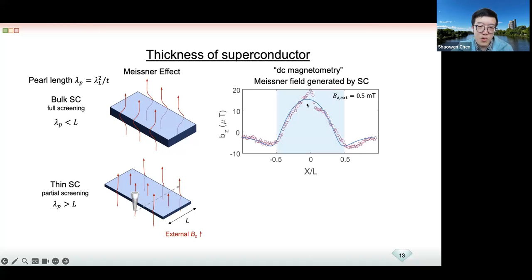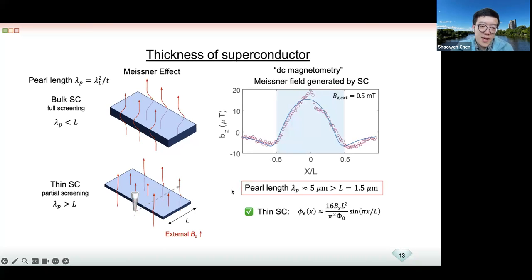From this data, we do a line fit to retrieve the Pearl length in our superconductor. And we find that for the devices we're measuring, the Pearl length is larger than the device size, which means we're in the thin film regime, where the phase of the Josephson junction is given by this equation.